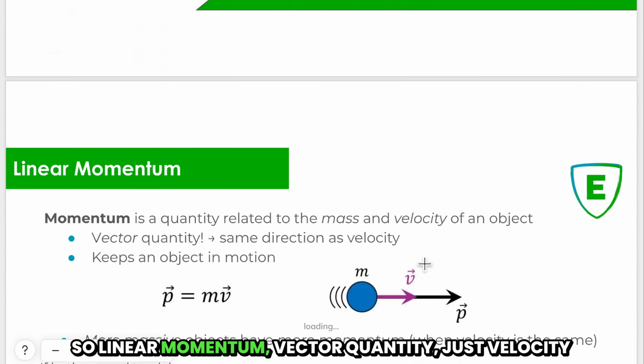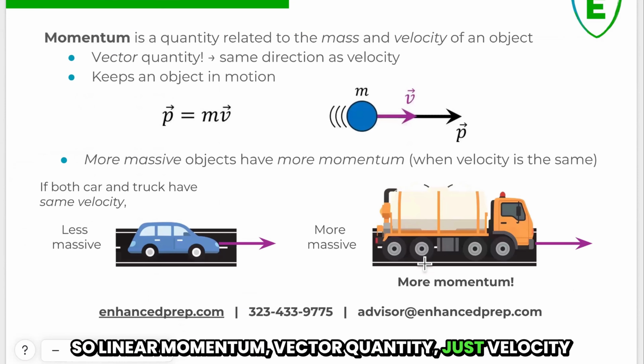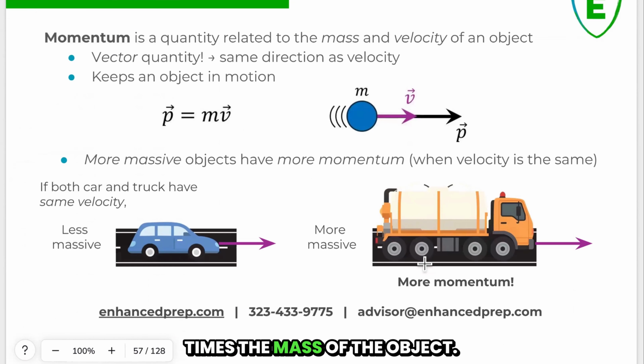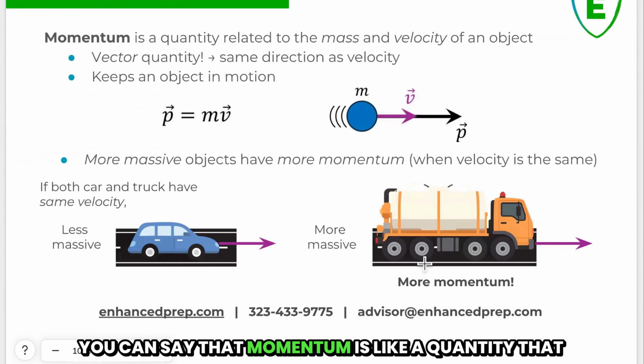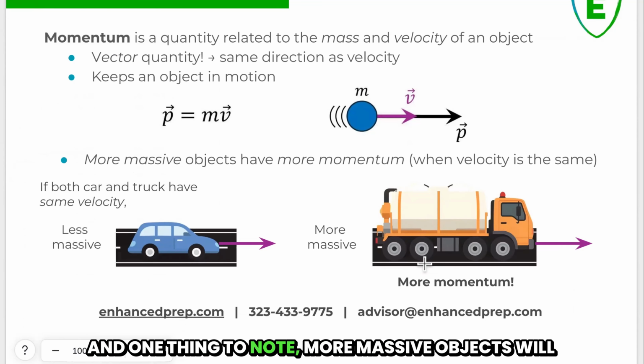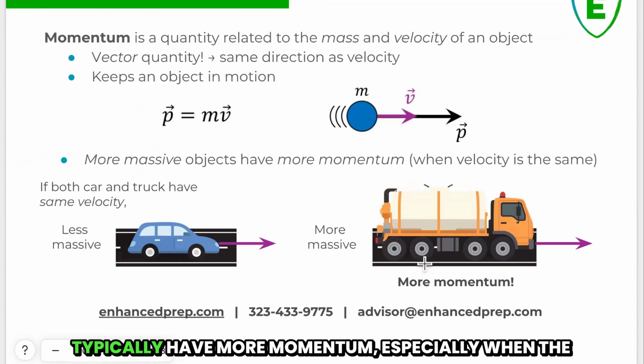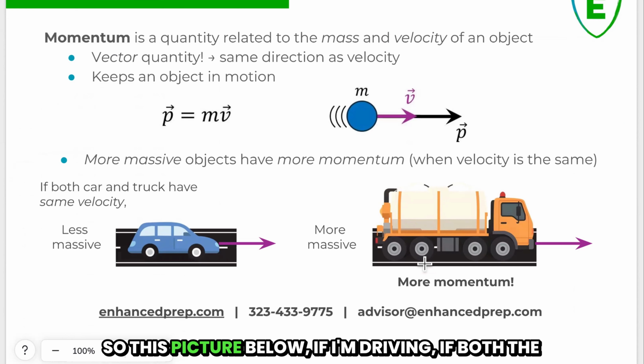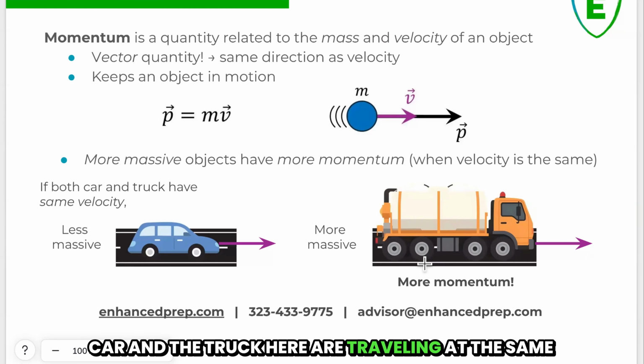So linear momentum, a vector quantity, is just velocity times the mass of the object. You can say that momentum is like a quantity that keeps an object in motion. One thing to note, more massive objects will typically have more momentum, especially when the velocity is the same. So in this picture below, if both the car and the truck are traveling at the same velocity, the truck has more momentum because it's more massive.